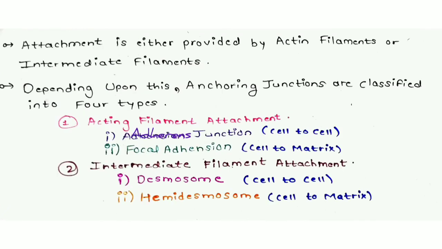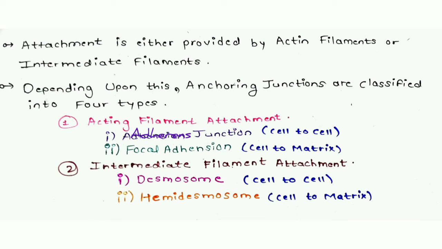The attachment between two cells or between a cell and the extracellular matrix is provided by either actin filaments or the intermediate filament, depending upon which type of filament is present in the formation of junction. Junctions are classified into four types. First is the actin filaments junction, which has two subtypes.